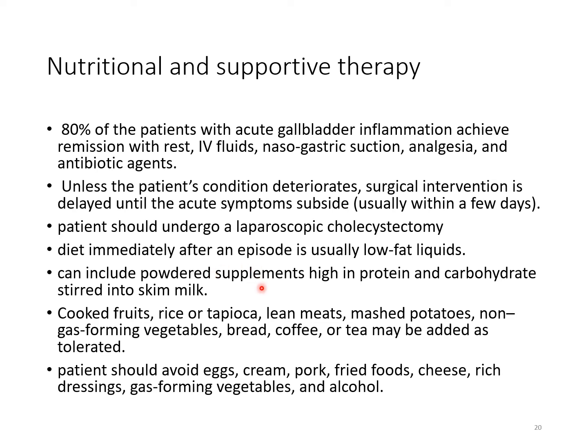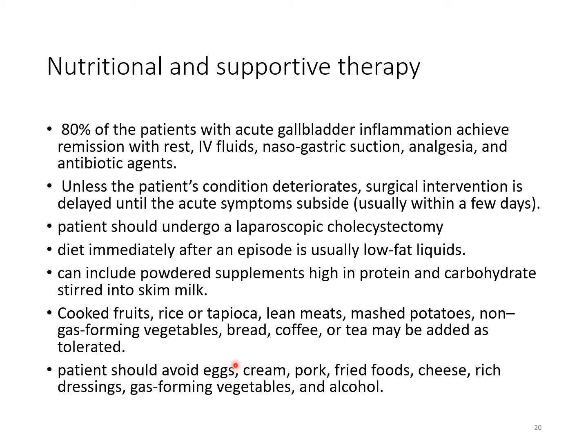Once again, patient specific, so high in protein, in carbohydrates. So everything you want it to be non-gas forming vegetables, right? So rice, lean meats, mashed potatoes, non-gas forming veggies, nothing that's going to hurt your belly really. And then you're going to advance everything as tolerated.